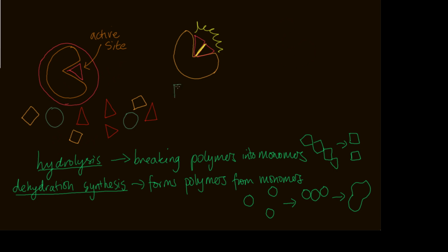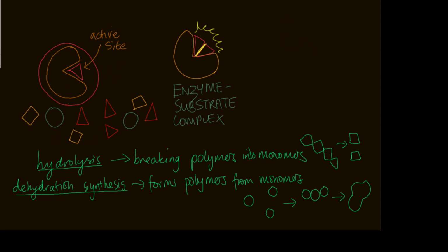Now this is called the enzyme substrate complex. So the enzyme substrate complex is the enzyme with the substrate bound inside the active site. So here's the active site here, and the substrate are bound inside.